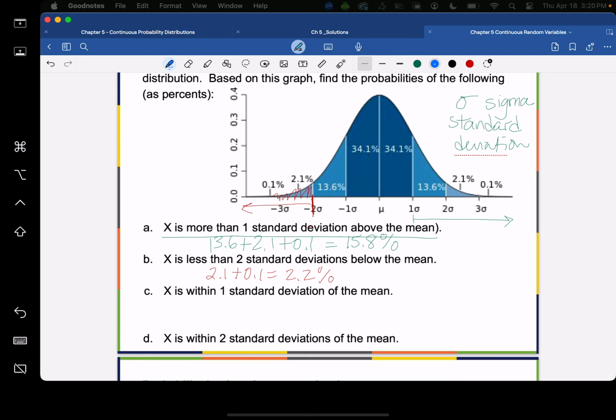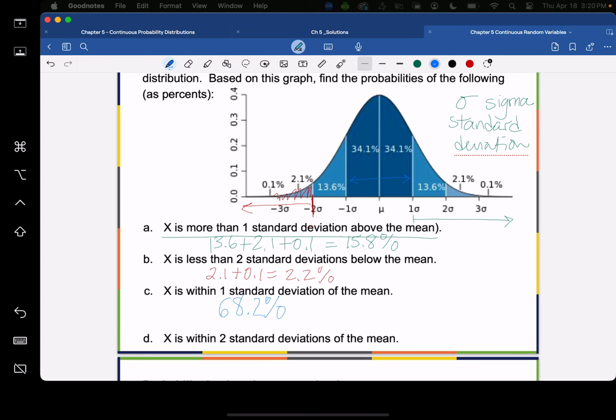What is the probability that x is within 1 standard deviation of the mean? Well, before I told you it was 68%, and here it looks like it's going to be 68.2%. I'm not going to worry too much about that distinction. The 0.2 is no big deal.